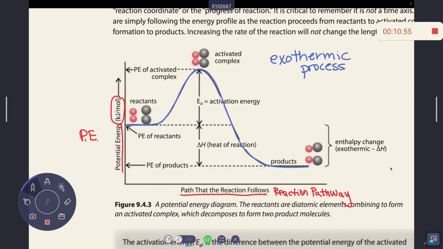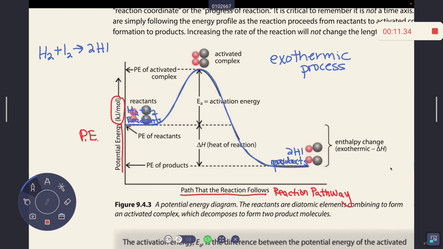Typically your reactants are written right here on this horizontal portion of the line where it begins. Now, if we use the reaction that we had before, we had hydrogen combining with iodine to make 2HI. You can write the chemical formulas for the reactants on this line. So those would be H2 plus I2. Okay? And then over here, we're going to write the products. So the products would go over here, and I have 2HI as my products.